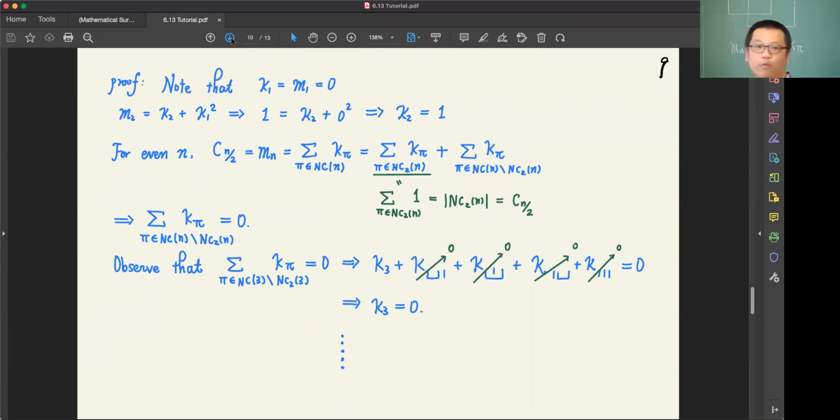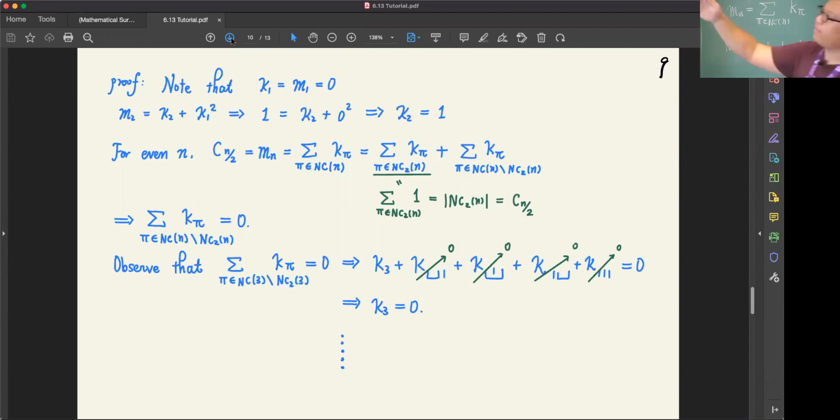But we know that m_1 is 0, so we force kappa_1 to be 0. How about m_2? m_2 is a sum over NC(2), and now we have two options. It can be 1, 2 in the same block, or we can have two singletons. In this case it will be kappa_2. In this case it's kappa_1 times kappa_1.